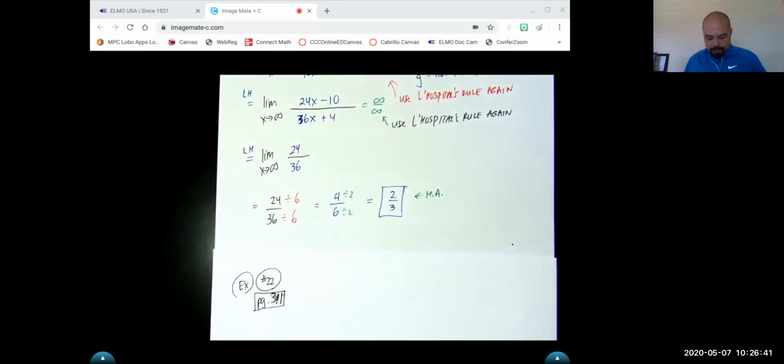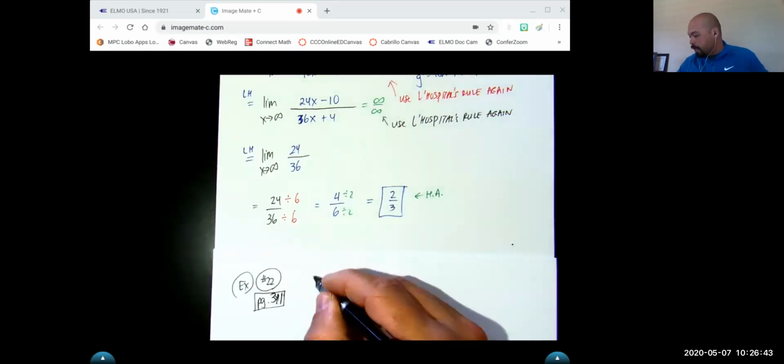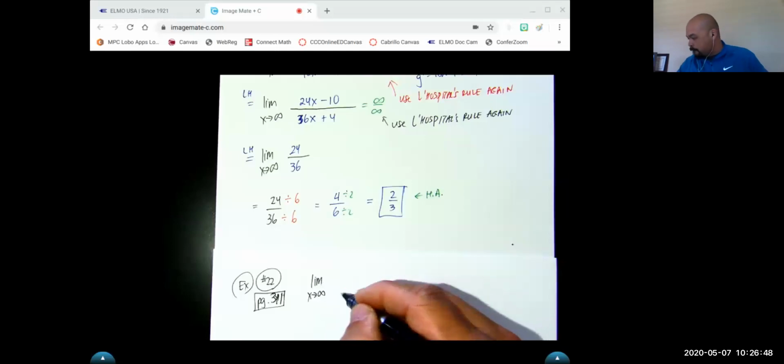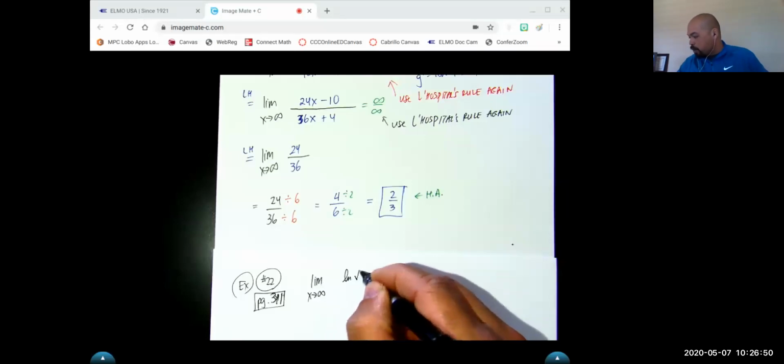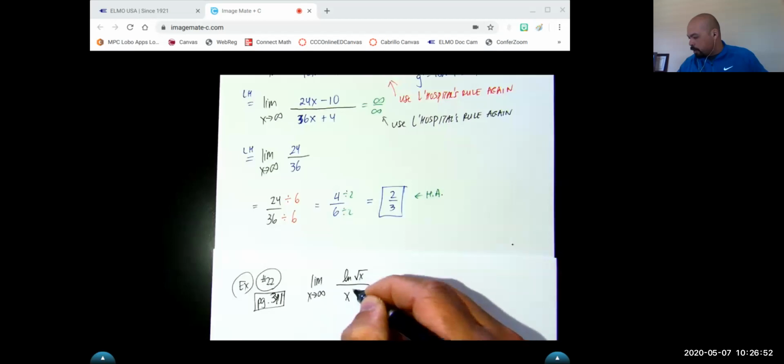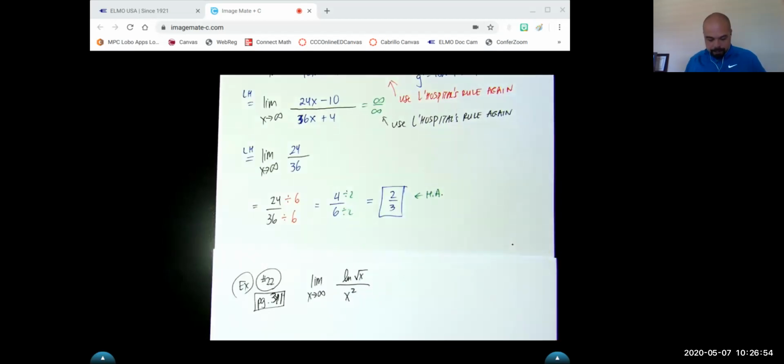Running too fast here. We're taking this limit as x goes to infinity of the natural log of the square root of x, over x squared. Looking at this, and again, sometimes with these problems thinking about the graph can also help.